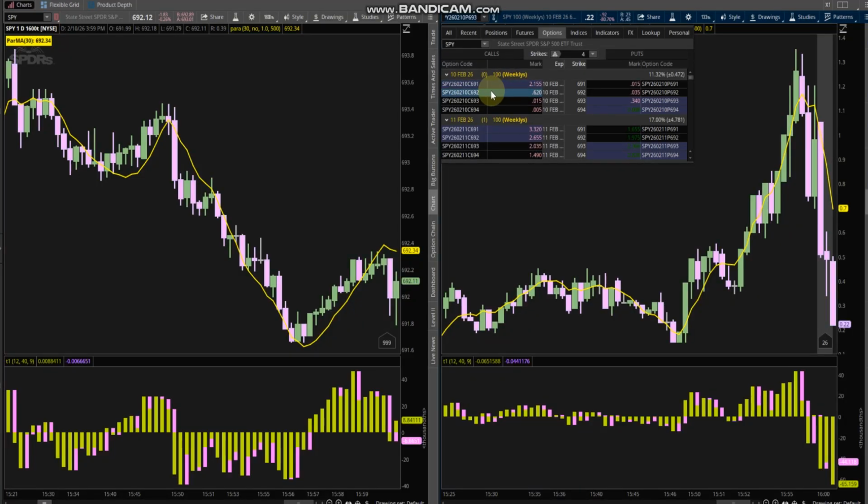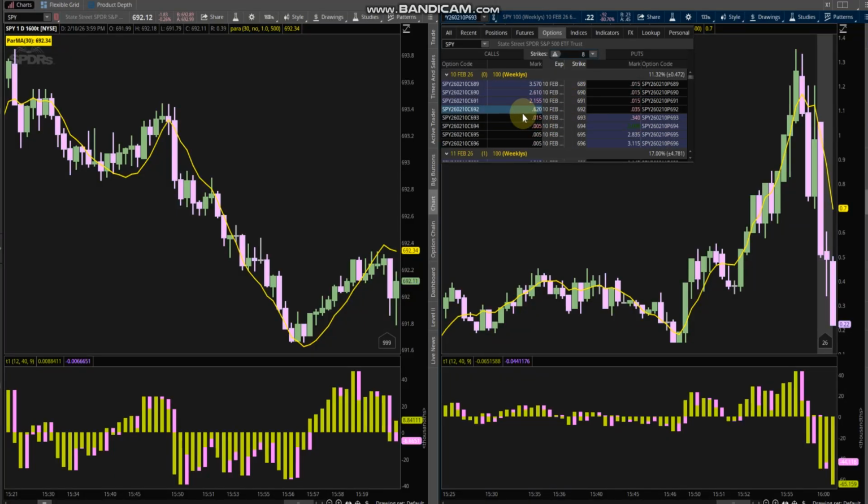All these ones that are above 692 are in the money for the call. Let's pull up some more strikes. Okay, all of these are in the money, but 693 is up here, so they're out of the money for the call. But they're in the money for the put because the price is below.